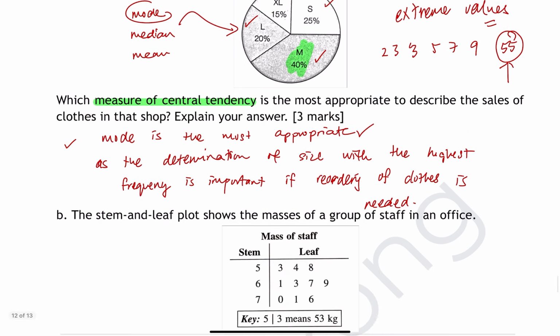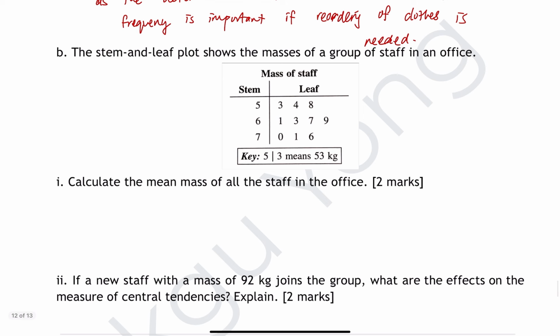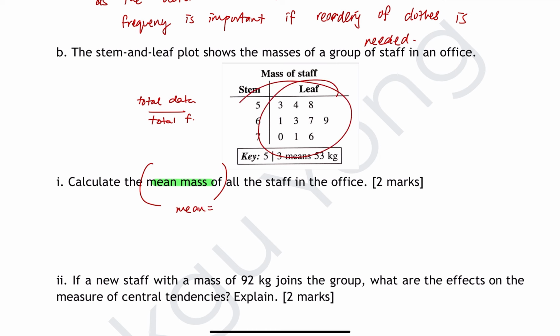Okay, so moving to your B, the stem and leaf plot shows the masses of a group of staff in an office, and you are looking for the mean mass for all the staff. So for mean, you need to remember you are looking for your total data over your total frequency. Okay, mean equals, you can just add everything here.